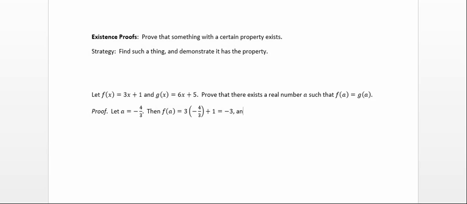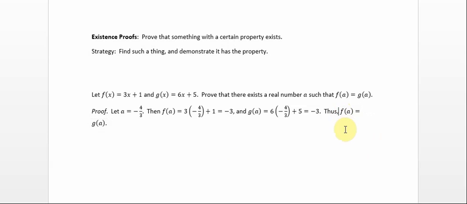And g of a equals 6 times -4/3 plus 5 equals, okay, so that'll be -8 plus 5, yep, -3. Okay, so thus, for this a, f of a equals g of a.